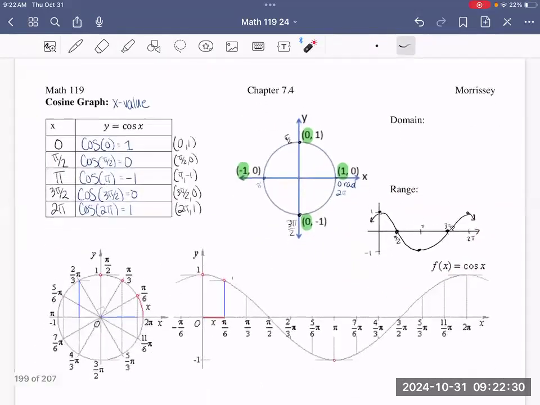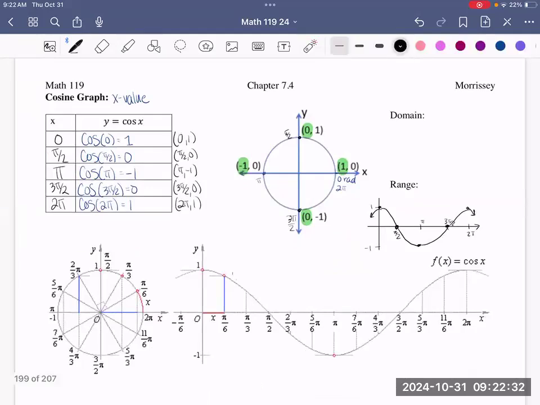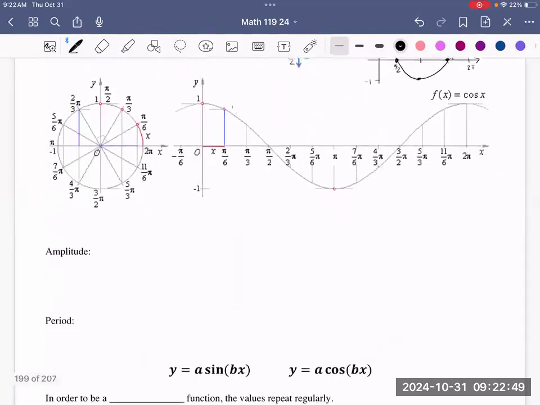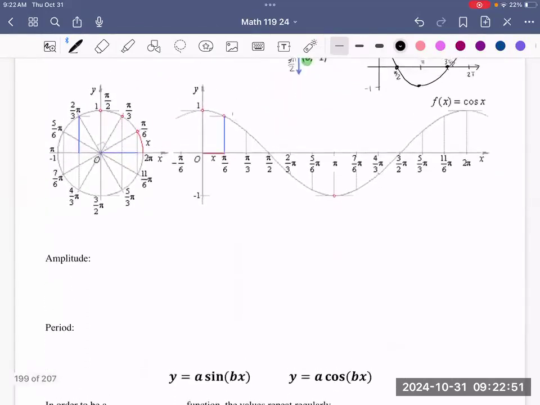So now what is your domain and your range? Your domain for cosine is still all real numbers. There's no restriction on your cosine values. Your range, just like with your sine, will hover between -1 and 1. Now let's take a look at your amplitude and your period. We said amplitude is the height of each wave.